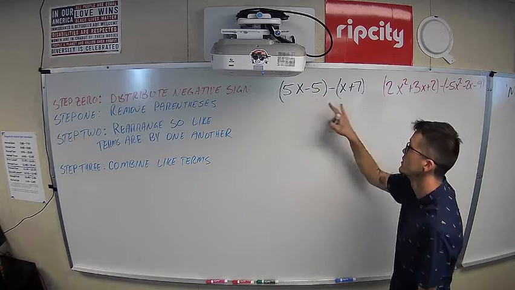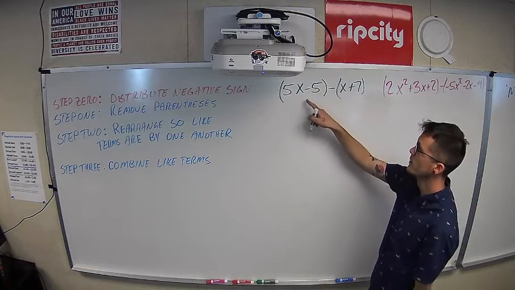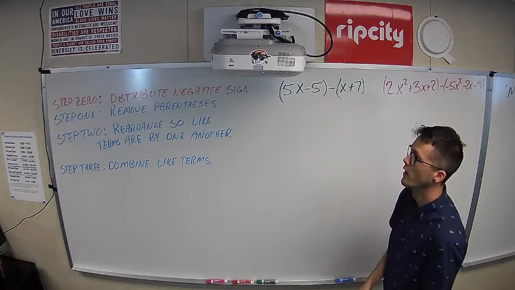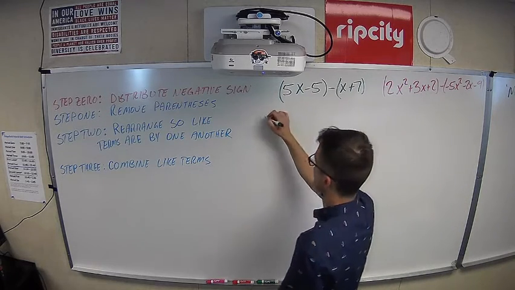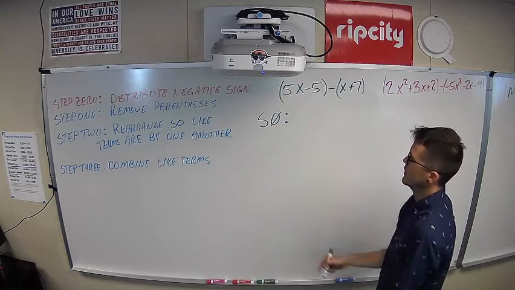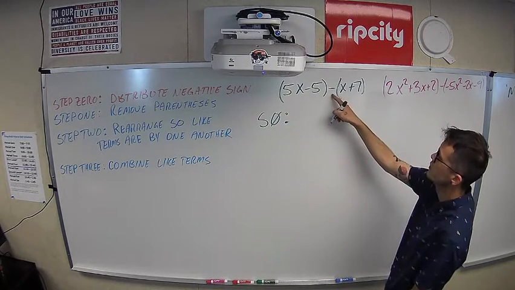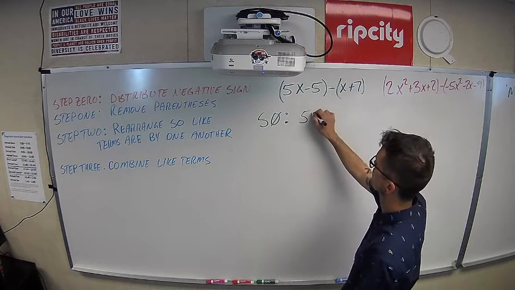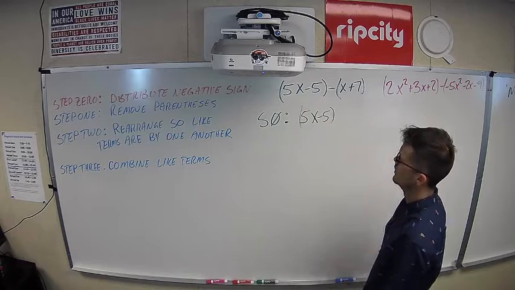So here are 2 binomials. We have 5x minus 5 minus the binomial of x plus 7. Well, our step 0 says we need to distribute this negative sign. So that means we're not going to touch the first polynomial, not even a little bit.